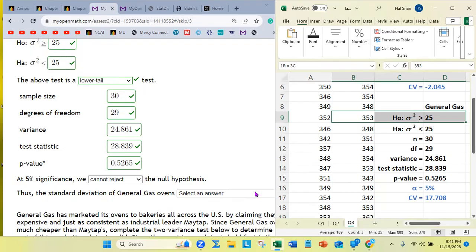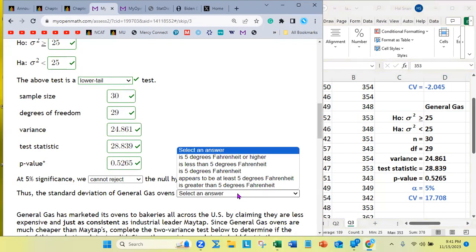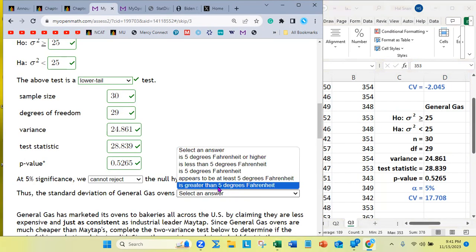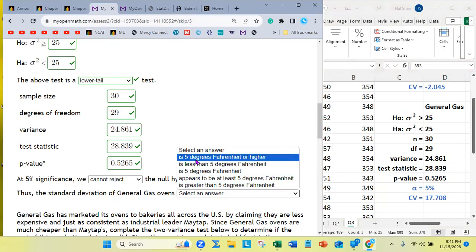So we can't say the standard deviation of gas ovens is greater than 5, because the null hypothesis is greater than or equal to. We can't say it is 5 degrees Fahrenheit or higher.